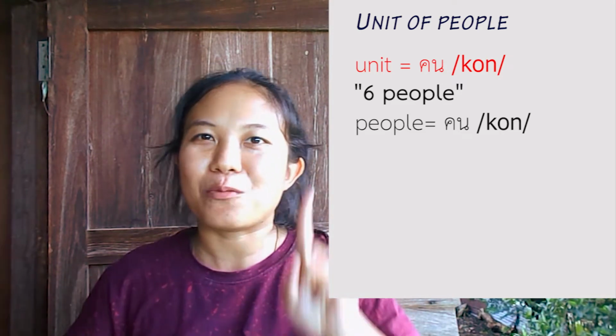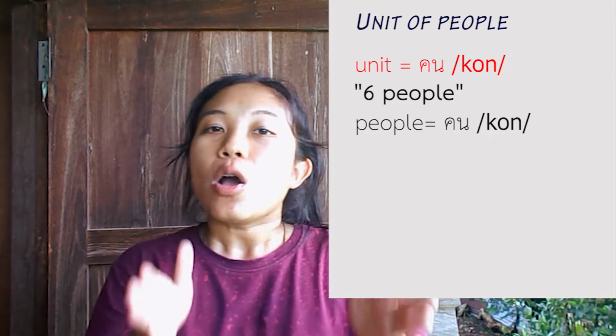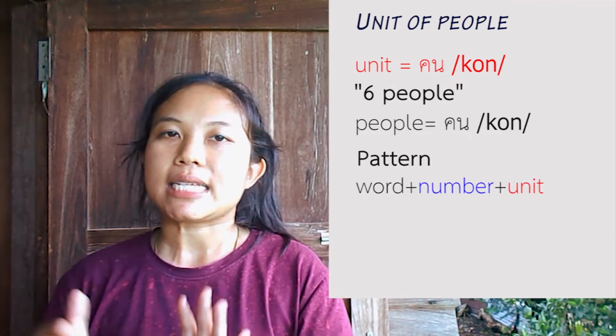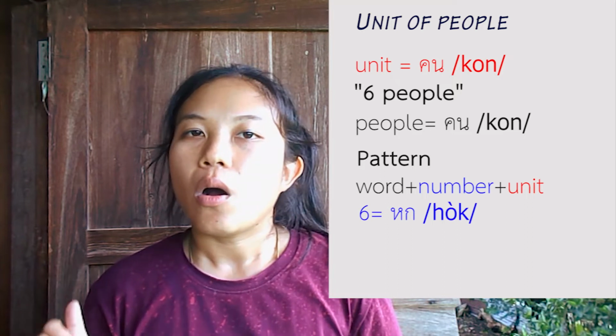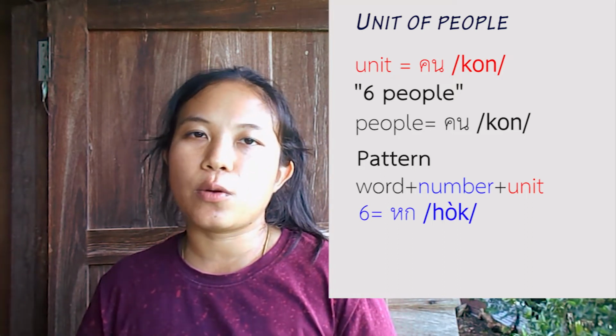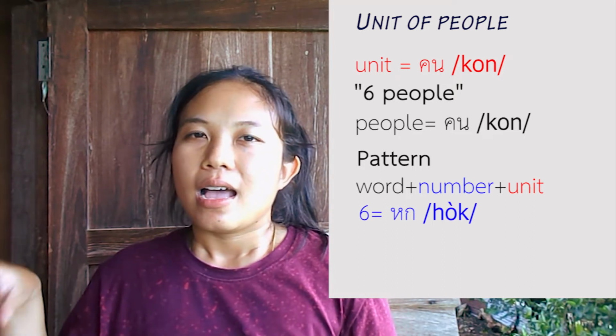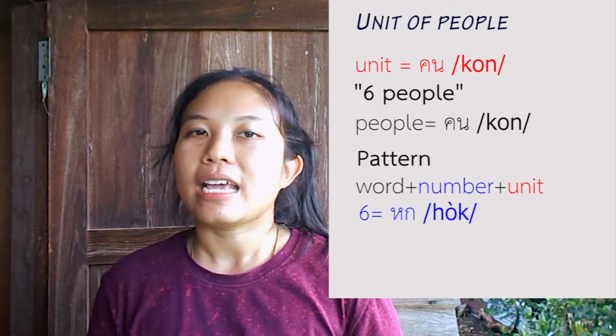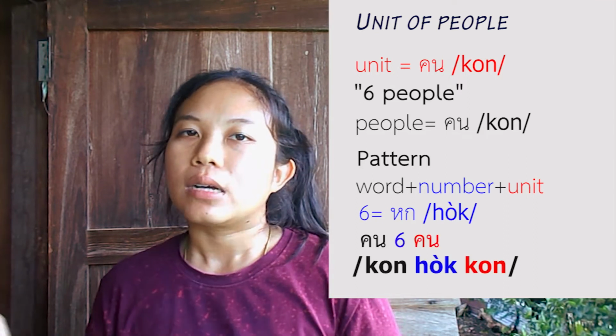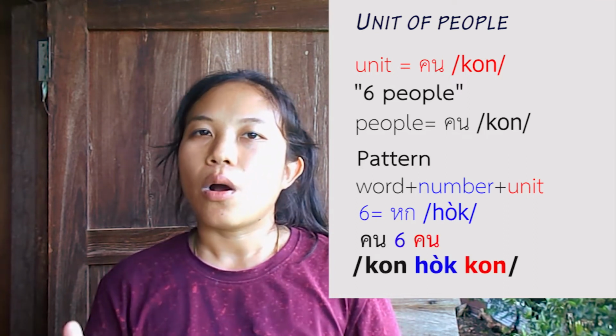So we have the same word and the same unit. 6 in Thai is 6 and the unit of the people is คน. Then our phrase will be คน 6 คน.